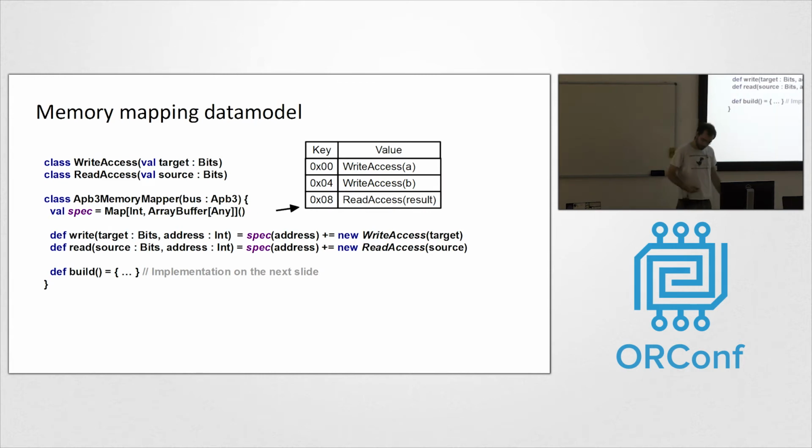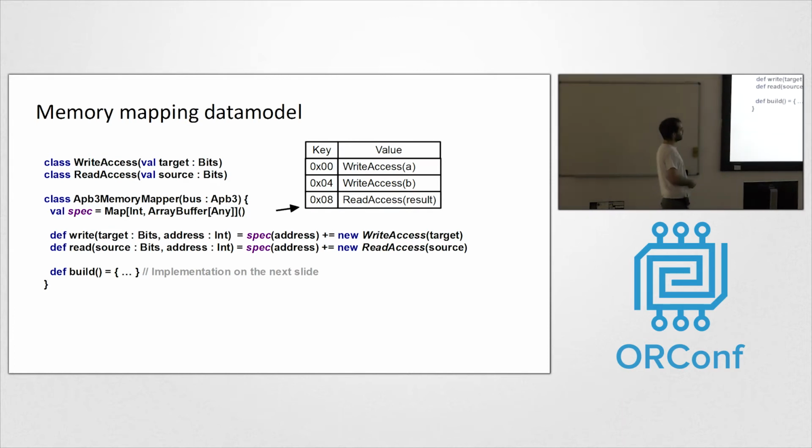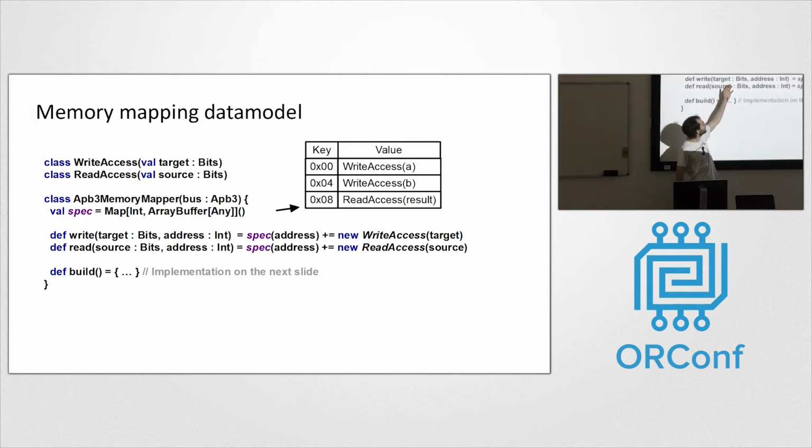And there you go. You can define what a write access is. A write access is a class which does something on a target signal. A read access is a class which does something on a source signal. Then you define a Scala class, IPv3 MemoryMapper, which has as argument the bus on which it will operate. Now the funny things come. Our specification is a map, and a map is like a dictionary in Python.